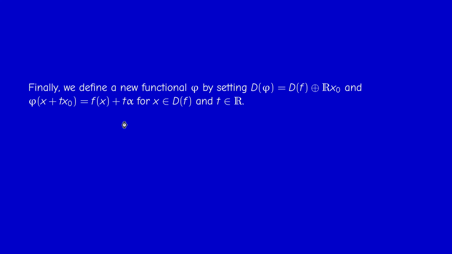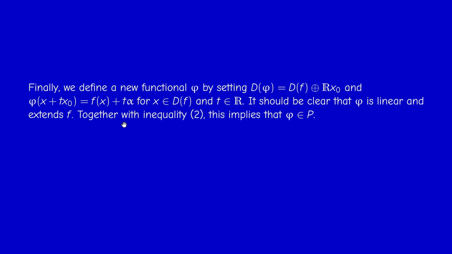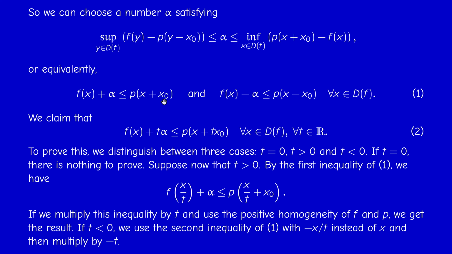So now we have an extension. But we have to use this inequality actually. This inequality tells me that phi of x plus t x0 is less than p of x plus tx0. So phi satisfies the same inequality. So if you like, we can put phi of z is less or equal than p of z.